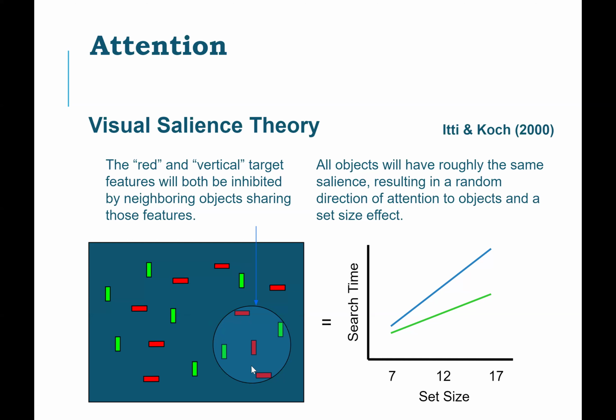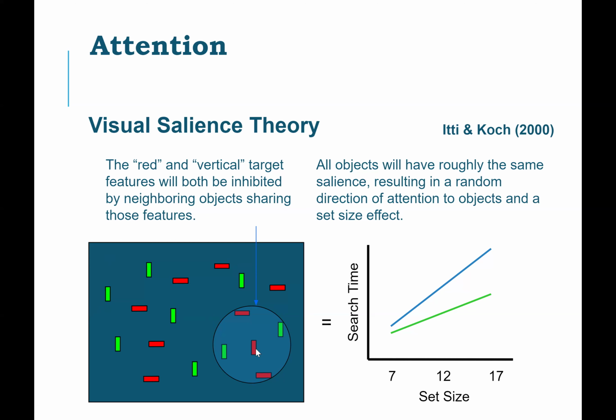So the idea is that something has to be salient from its surrounding in order for it to actually stand out, for you to be able to have a quick search of it. If not, then the search would take a long time because you have to look at different objects and then arrive at that location.